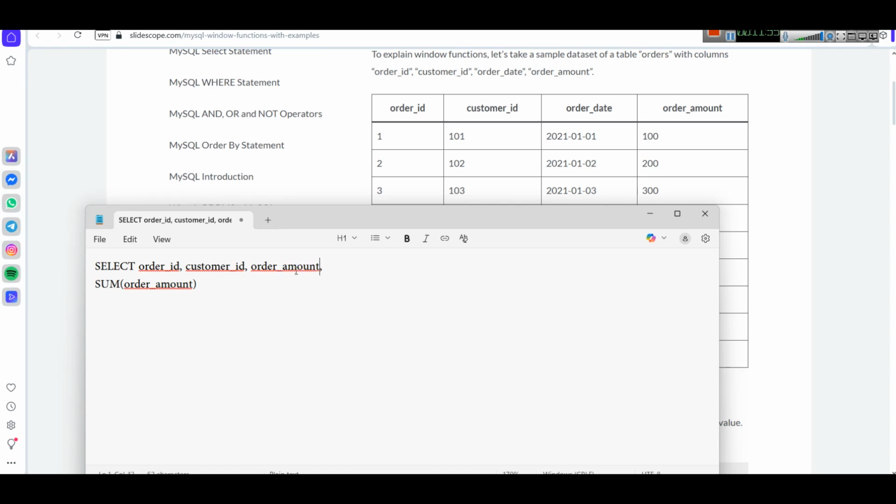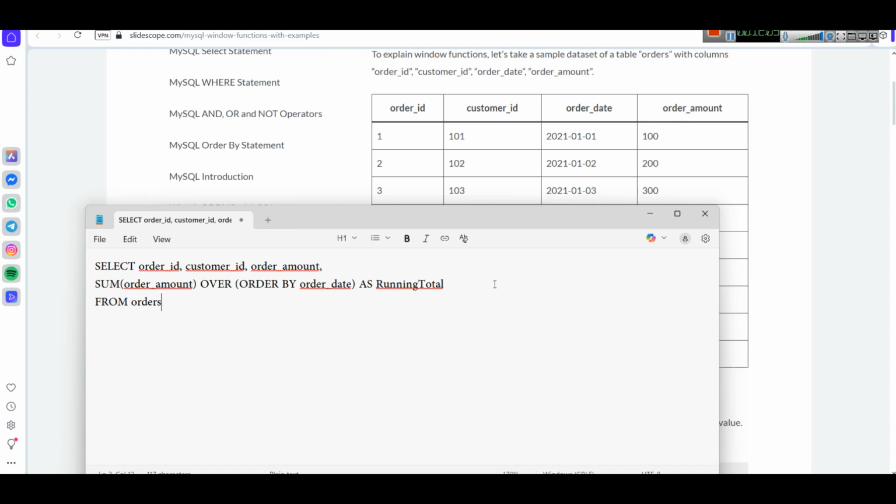You have to write sum of order amount over order by, and whatever is that value, order date, as running total, from whatever this table is, let's say orders. So this will be the command.